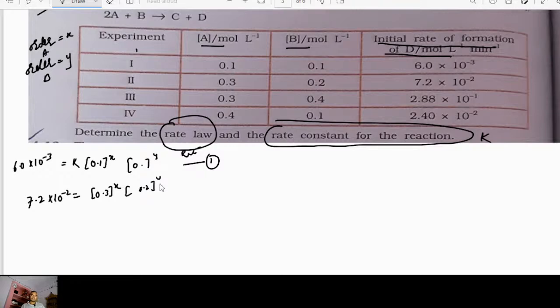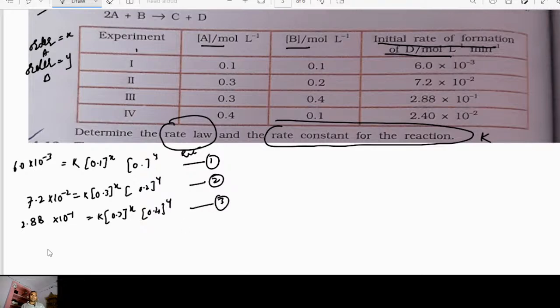This is equation number 2. Now the third case, student: 2.88 into 10 power minus 1 is equal to k, the rate constant, times 0.3 power x and 0.4 power y. That is equation number 3.